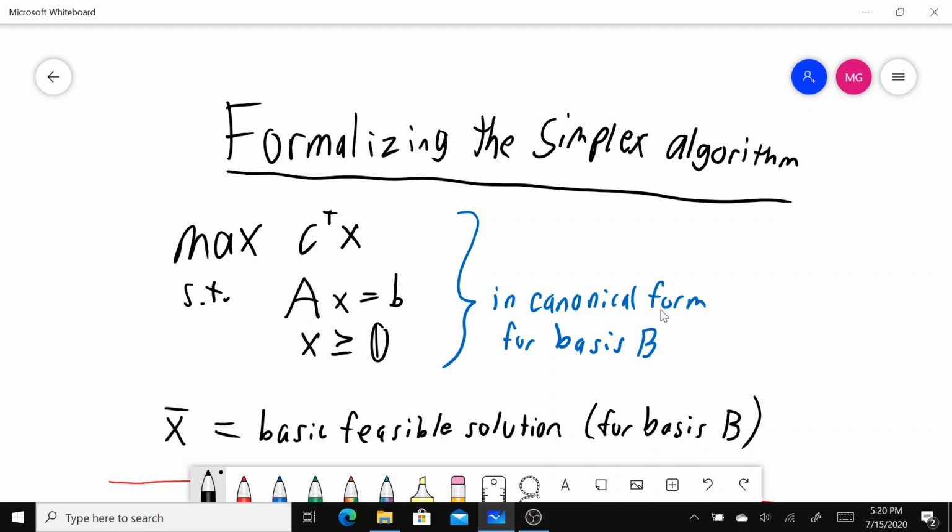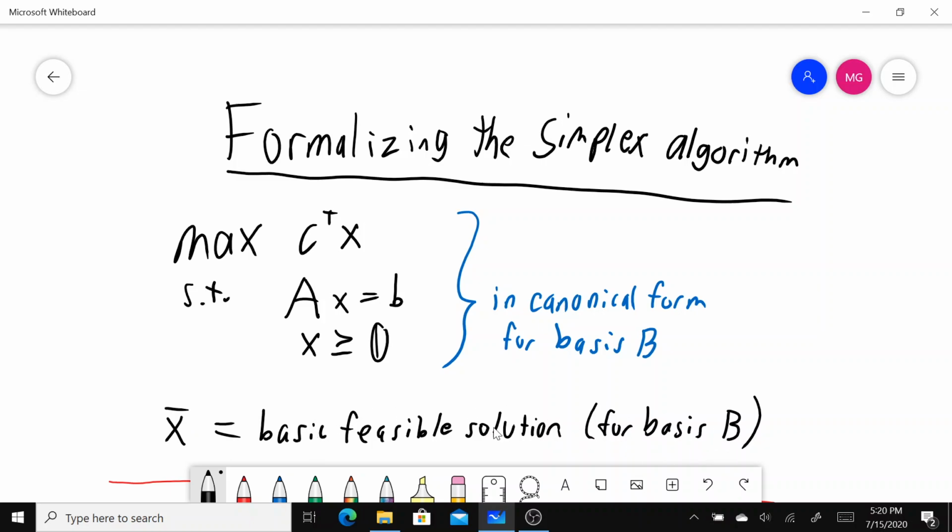And then we're assuming this is in canonical form for some basis B, where B is the particular set of indices corresponding to column vectors of the matrix A, and those particular columns are a basis for the column space of A. And then for this basis B, x bar is going to be the basic feasible solution associated to that basis.